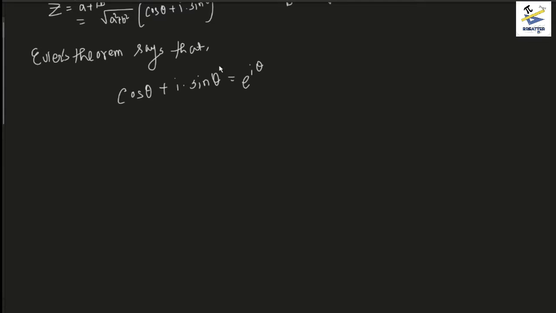The proof of this would be given in the next one, and this would be how we are going to evaluate Euler's theorem, and then eventually we would get to De Moivre's theorem as well, because this use of complex numbers would be necessary in order to understand the complex integrand functions and also eventually Green's theorem.